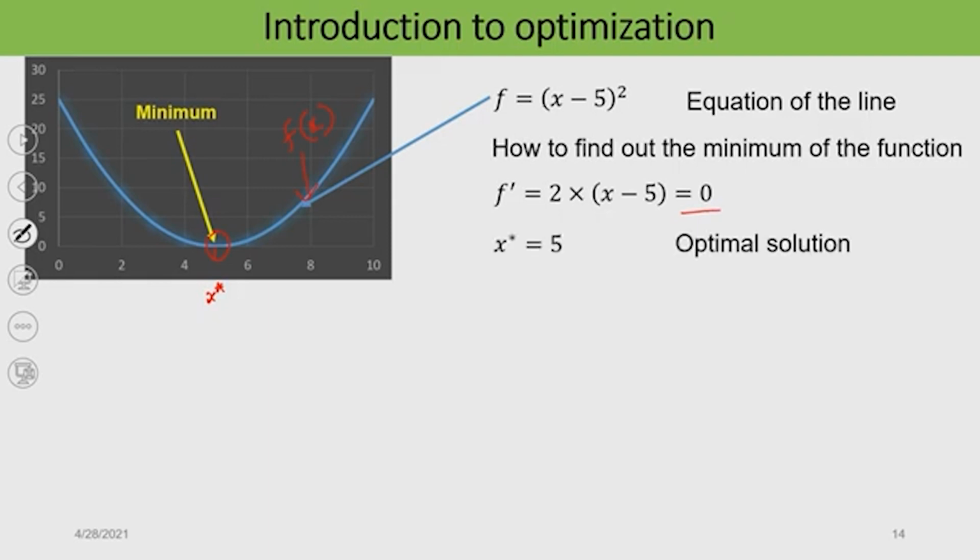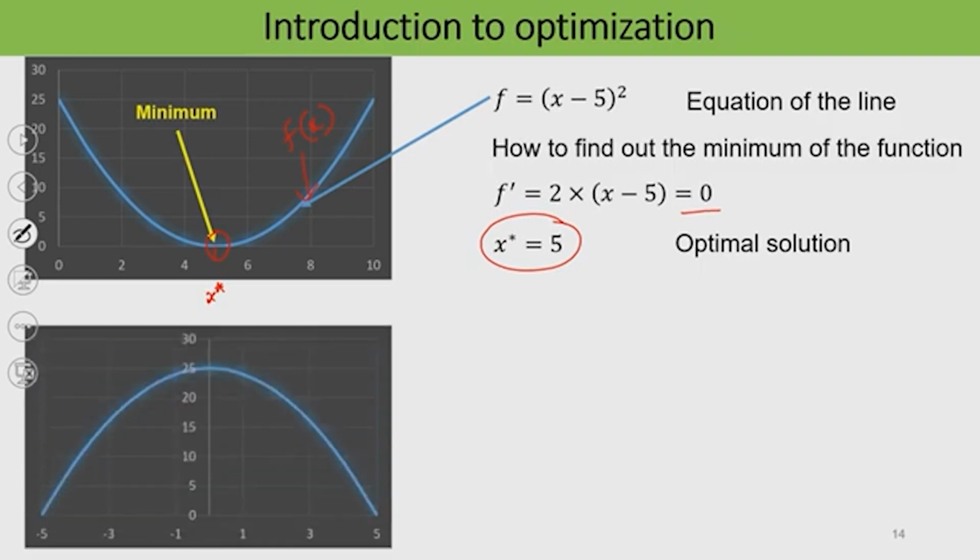If I solve it, I will get the minima of this particular function, and that is x equal to 5. This is the solution and the minimum point of this function, and finding it is basically known as finding minima or maxima of a function.